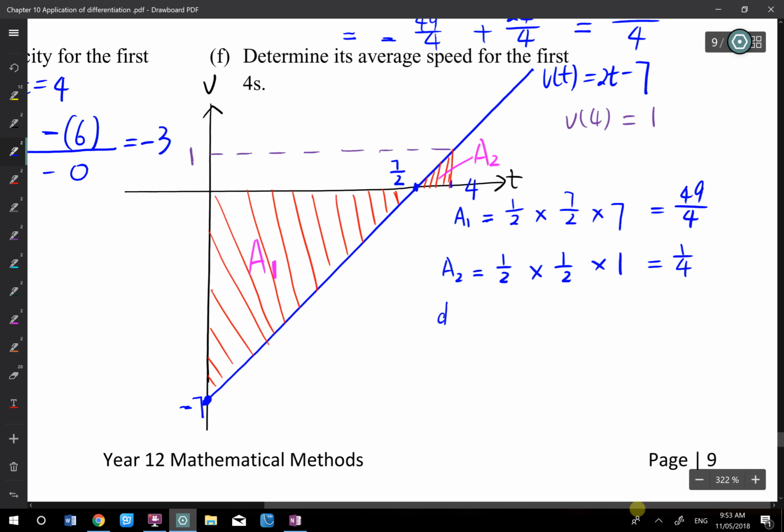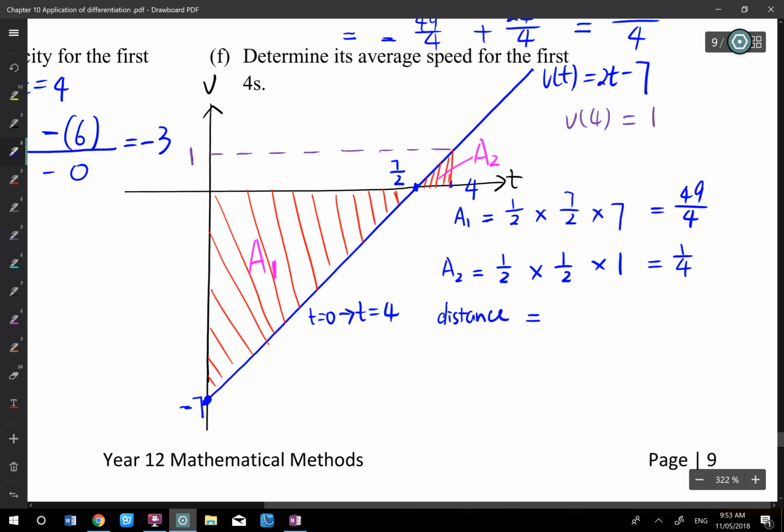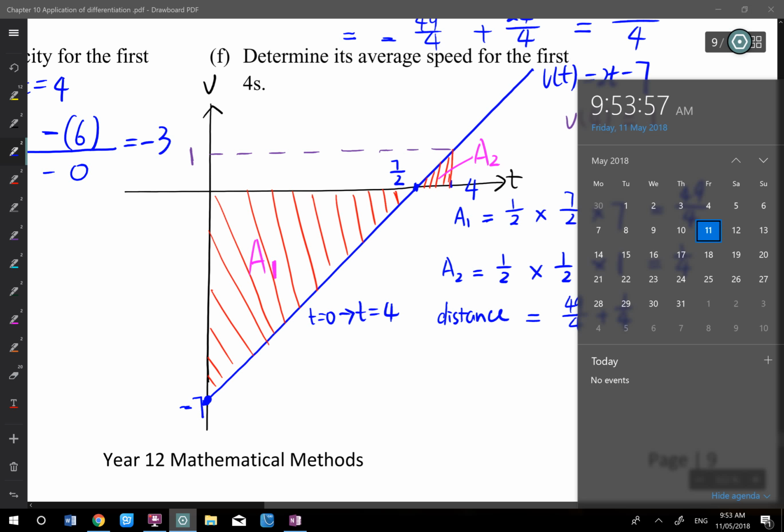Now, distance. For t equals 0 to t equals 4, what's the distance covered? If you talk about distance covered, it will be the total area. So it's 49/4 plus a quarter. So it's all the area bound by the curve.